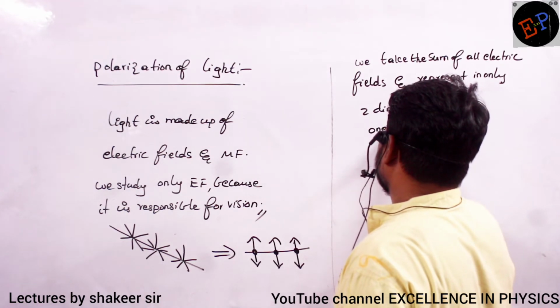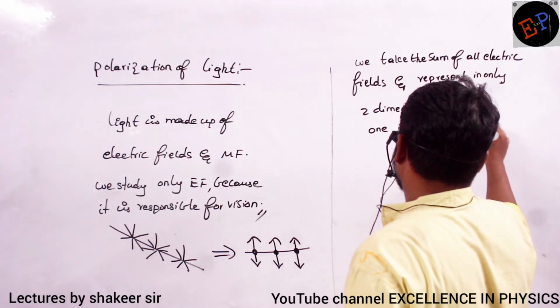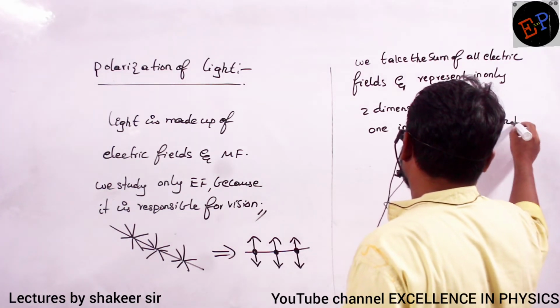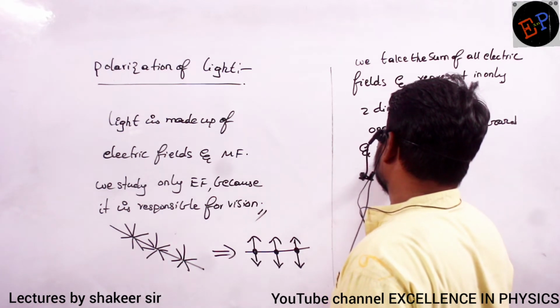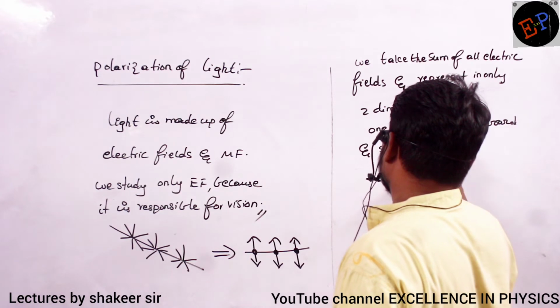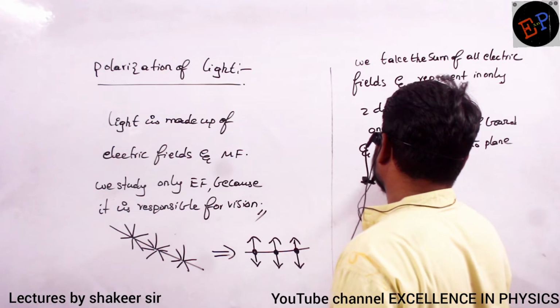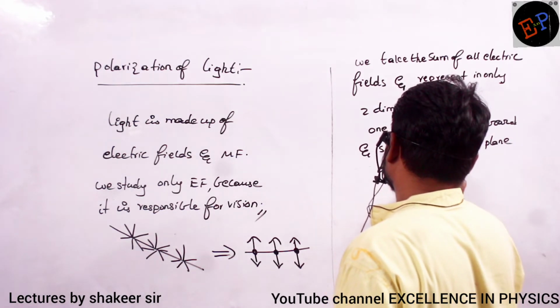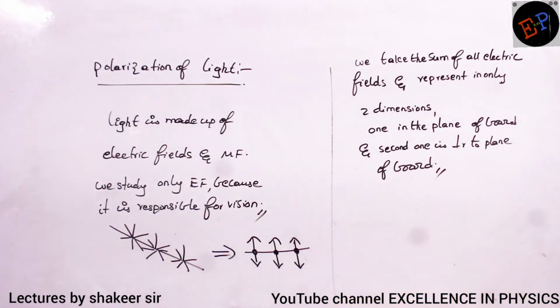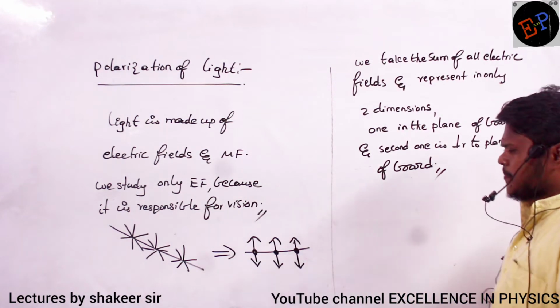One in the plane of board, and the second one is perpendicular to plane of board. Okay ma? One is in the plane of the board, second one is perpendicular to the plane of the board. Only 2 electric fields we are considering. One field is like this, one field is like this. That's it. Okay ma? Make a note.